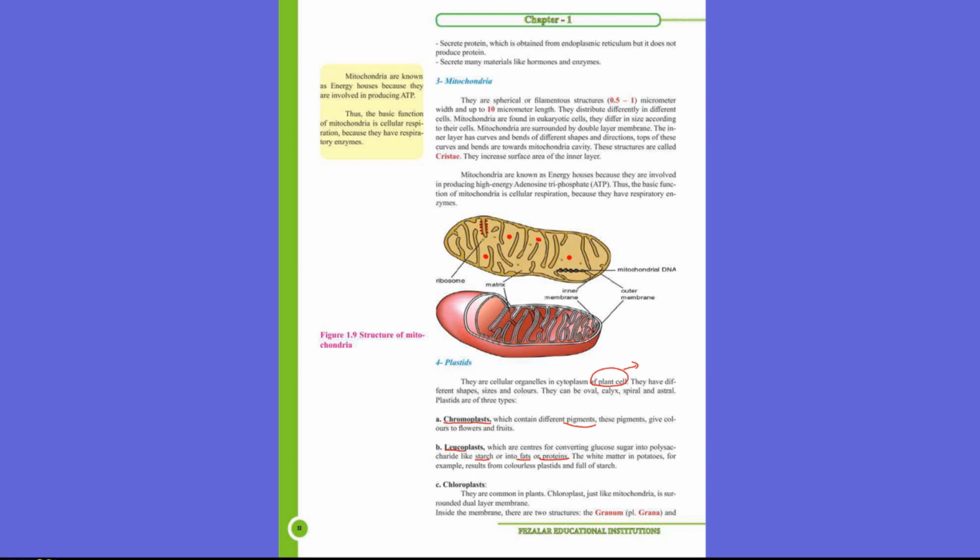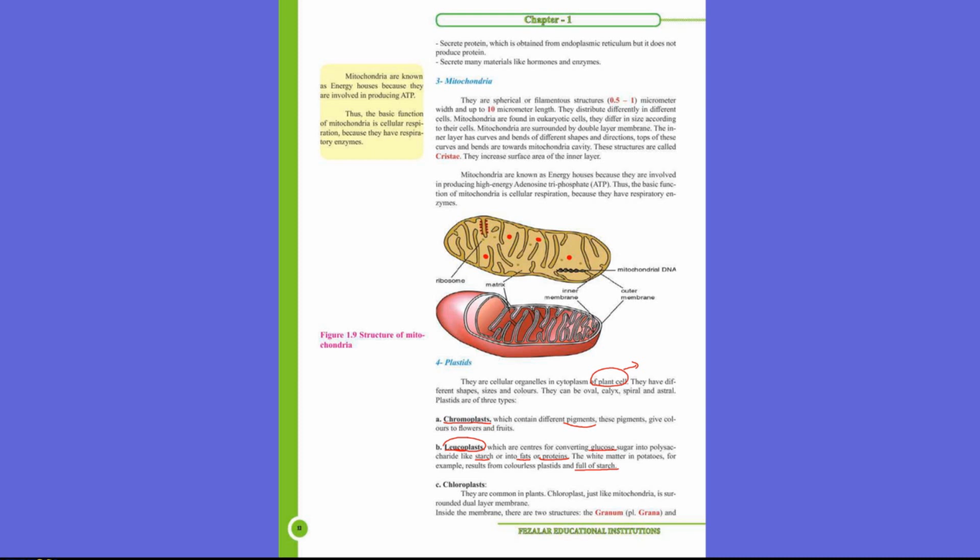We know plants produce glucose by photosynthesis, but in different kinds of plants we can see different kinds of organic material, like potato full of starch, but in olive we see a lot of oil, or in beans, broad beans, there are proteins. So leucoplast is the center for converting glucose, sugar, into complex sugar like starch or into fats or proteins.